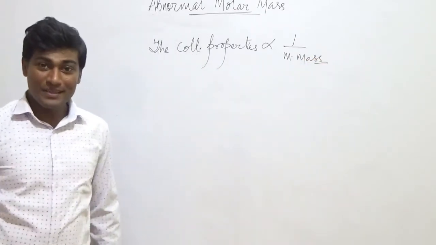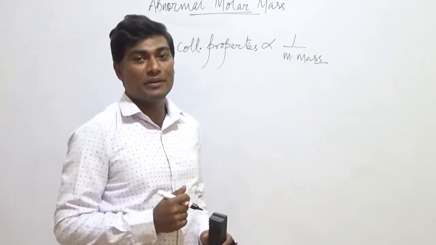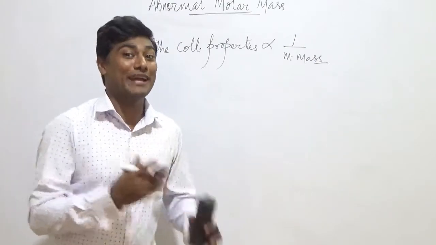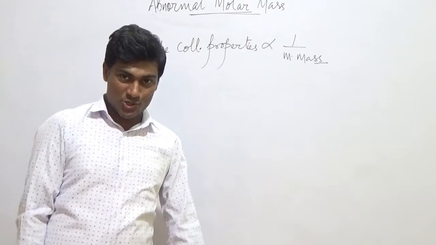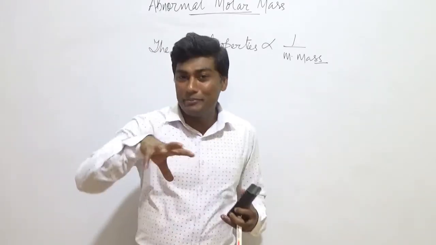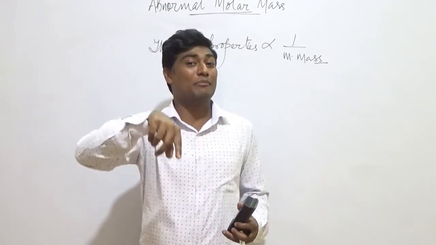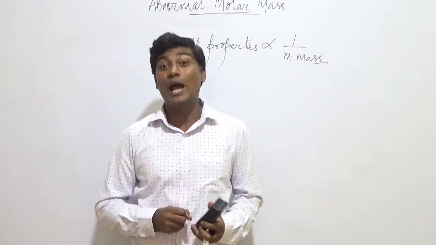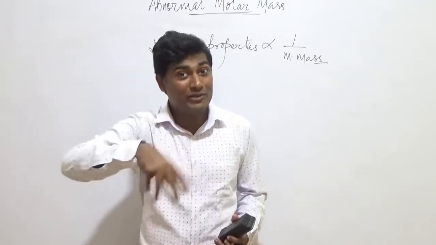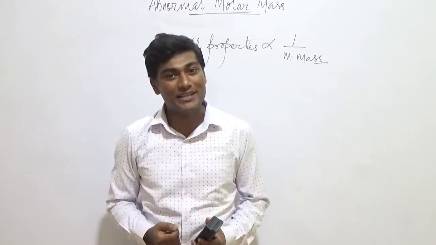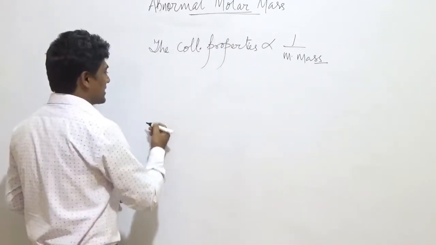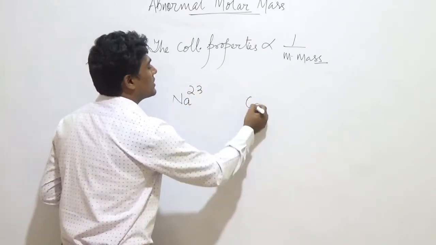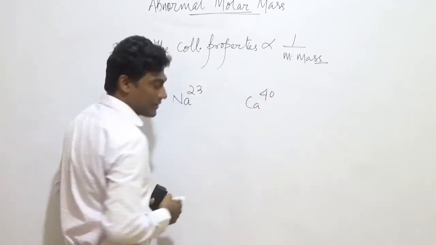Okay. So let us take an example which shows how molecular mass affects the colligative properties. Let us take 2 elements and compare their atomic mass with respect to the mole, and accordingly we can conclude how the molecular mass affects the colligative properties. One is sodium, whose atomic mass is 23, another is calcium, whose atomic mass is 40.